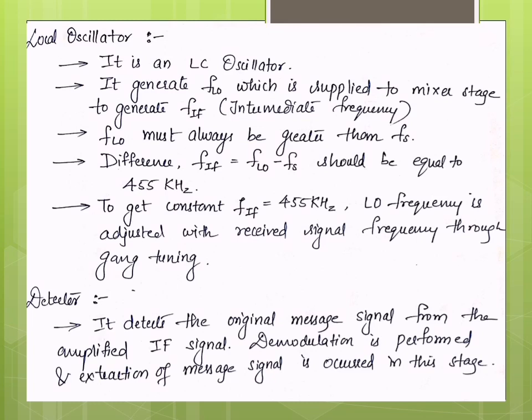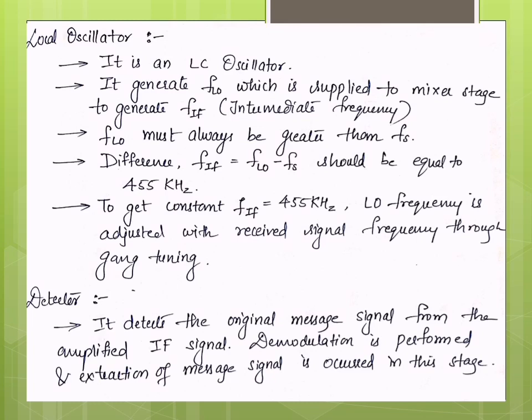Now next, to get a constant FIF, the local oscillator frequency is adjusted with the received signal frequency through gang tuning. There is a tuning between the RF amplifier stage, the local oscillator stage, and the mixer. These three components have a kind of tuning called gang tuning, such that FLO is always greater than Fs, and the difference between FLO and Fs is equal to 455 kHz. Next is the detector section.